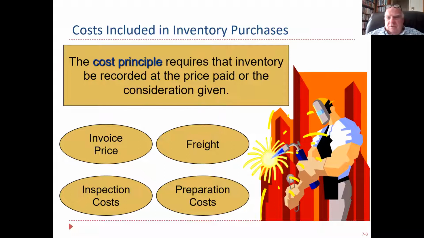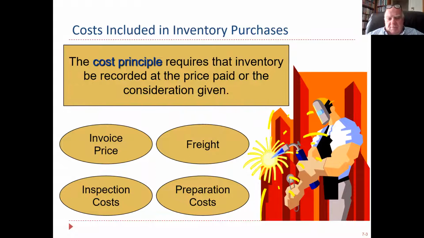For example, you bought a big machine or something, and you find out that it's going to cost $10,000 just to ship it across the country. Well, the cost of that extra freight is going to be added to the price of the goods that you're bringing in. If it's a type of thing where you have to spend a lot of time inspecting it and testing it, those costs would become part of the total cost of the item you're bringing in.